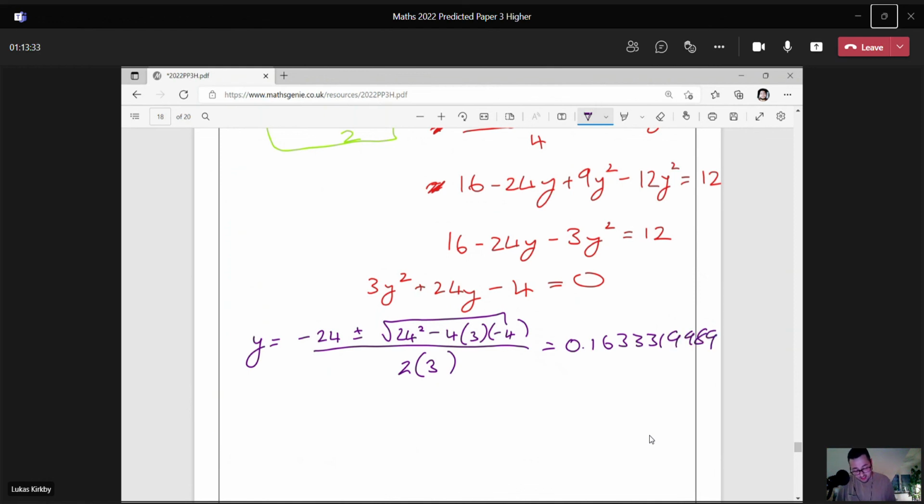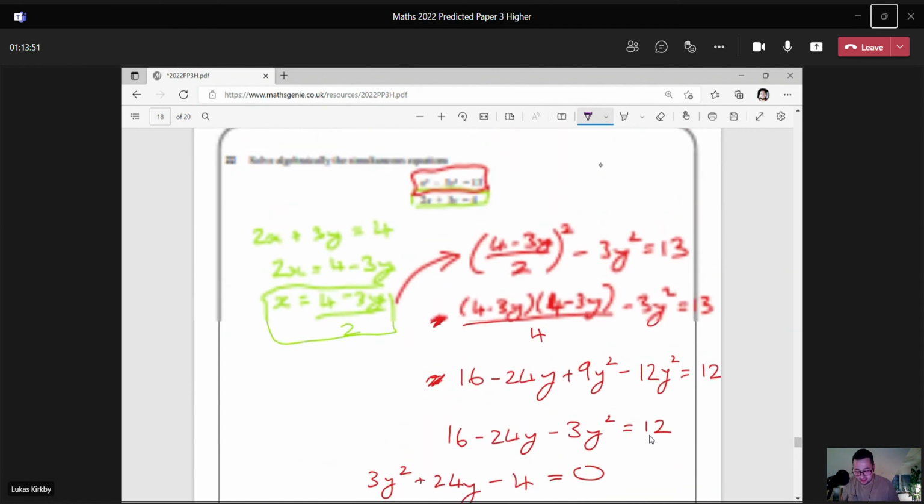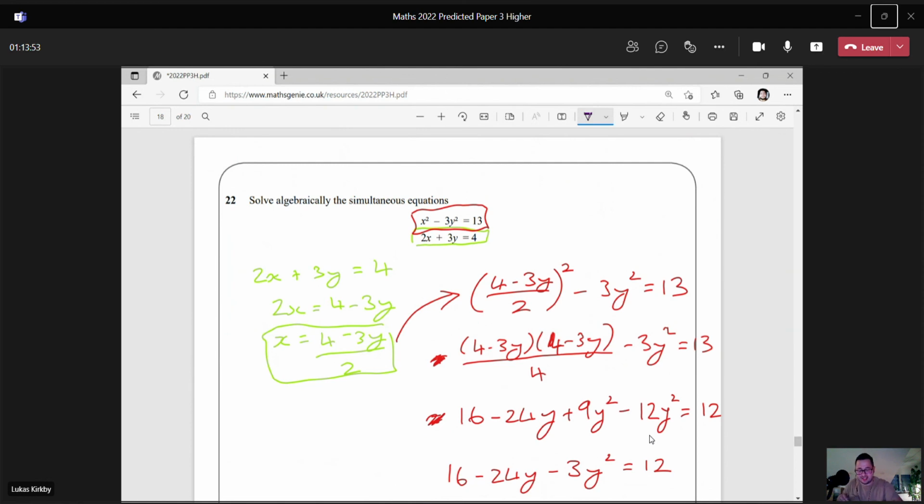0.16333199989. Or our second option is going to be minus 8.163331999. Now, these are nasty numbers, so let me just double check that this feels right.